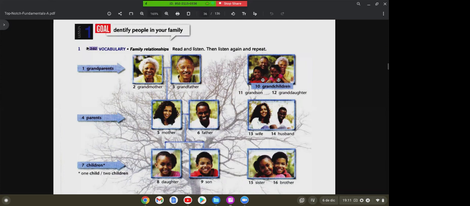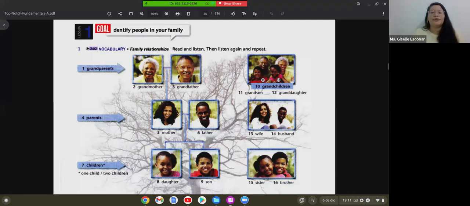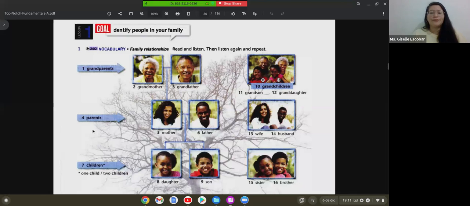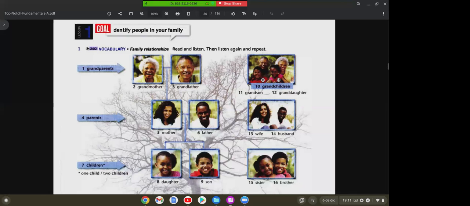Grandparents. Okay. Grandmother. Erika. Grandfather. Perfect. Parents. Mother. Father. Children. One child or 2 children. Okay.